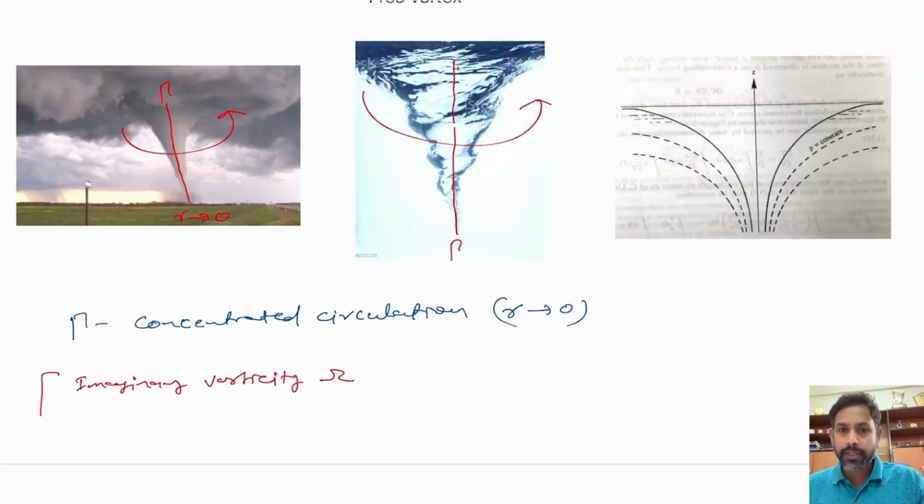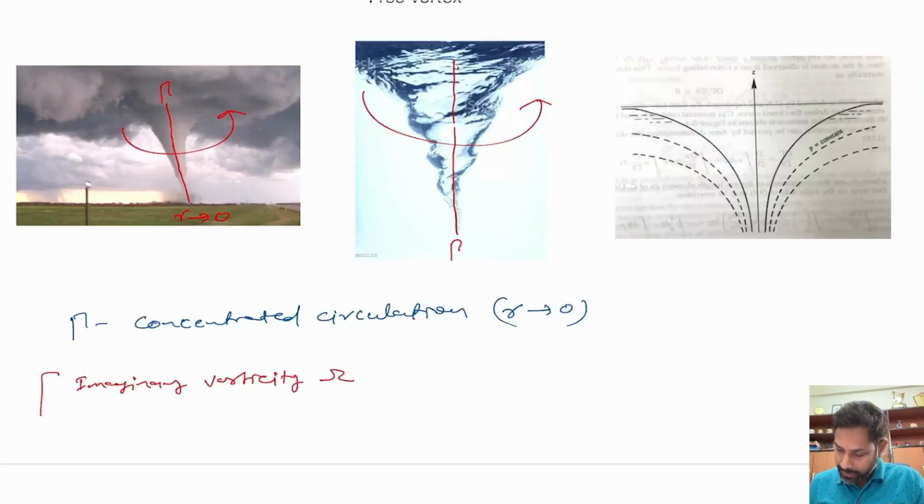At the end of this lecture we will see why this is irrotational and why the forced vortex is rotational. In the free vortex there is still some circulation at r equal to 0 but not at other locations.